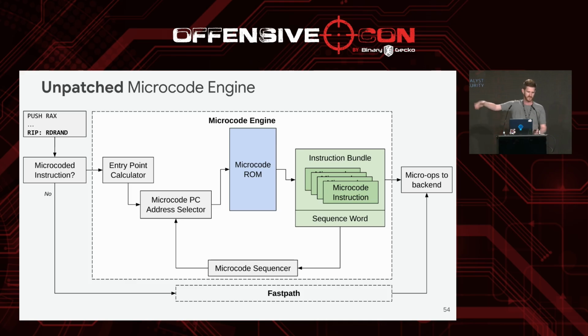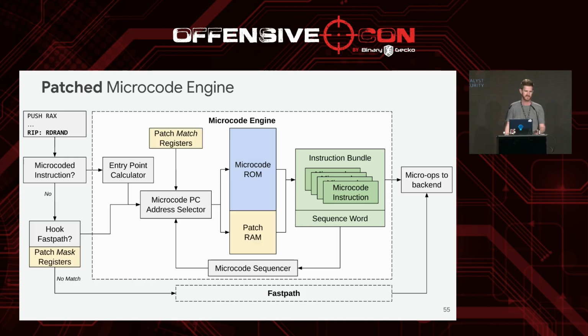And then alternatively, you can go down below this for the fast path instructions. And this is the same view now that it's been patched, right? So we take that blob from AMD, we install it, and these yellow boxes now appear and have the contents from that patch. At the top we have the match registers, which say hook this ROM address. So this address selector checks that on every single PC. And there's also this patch RAM, which is internal SRAM.